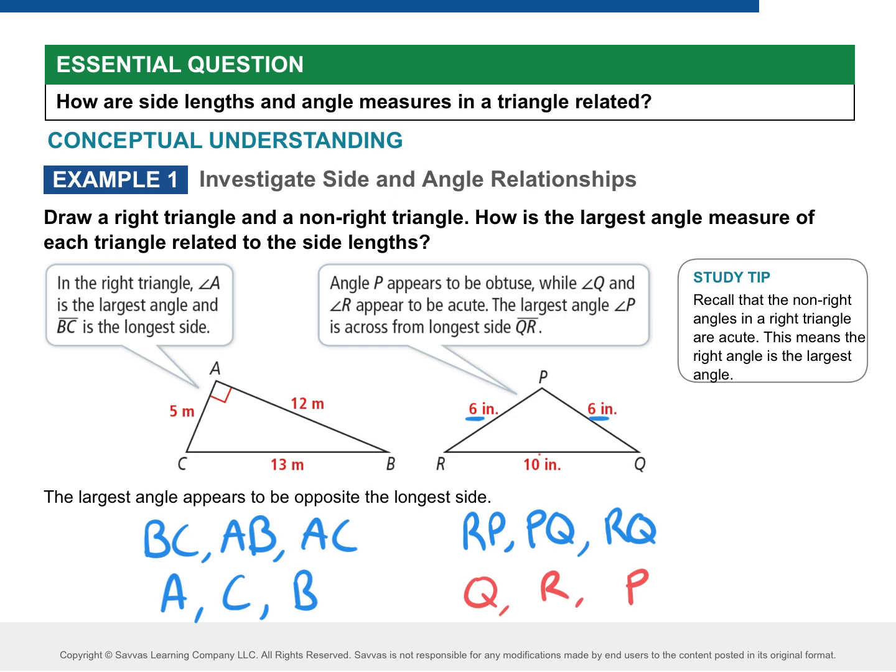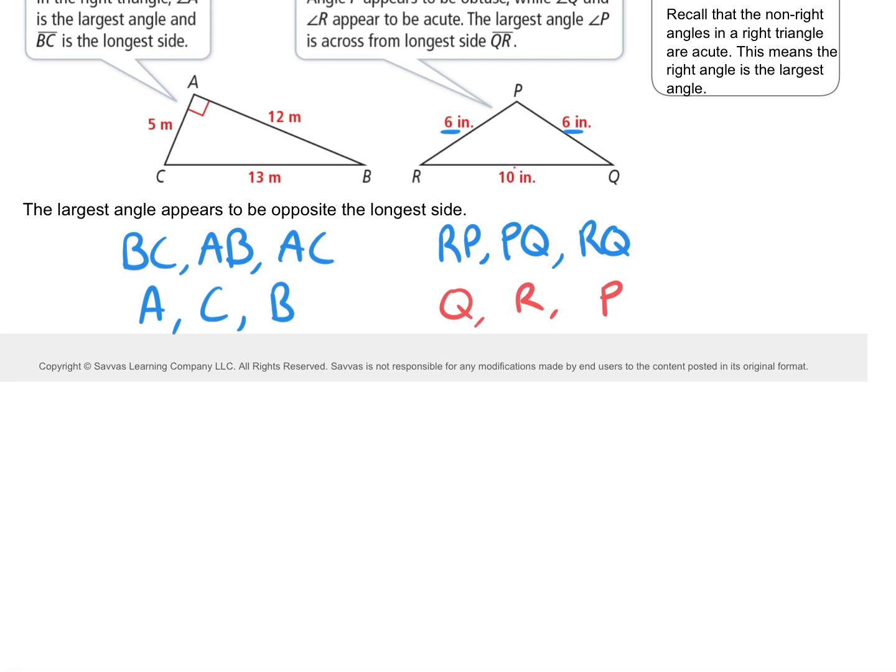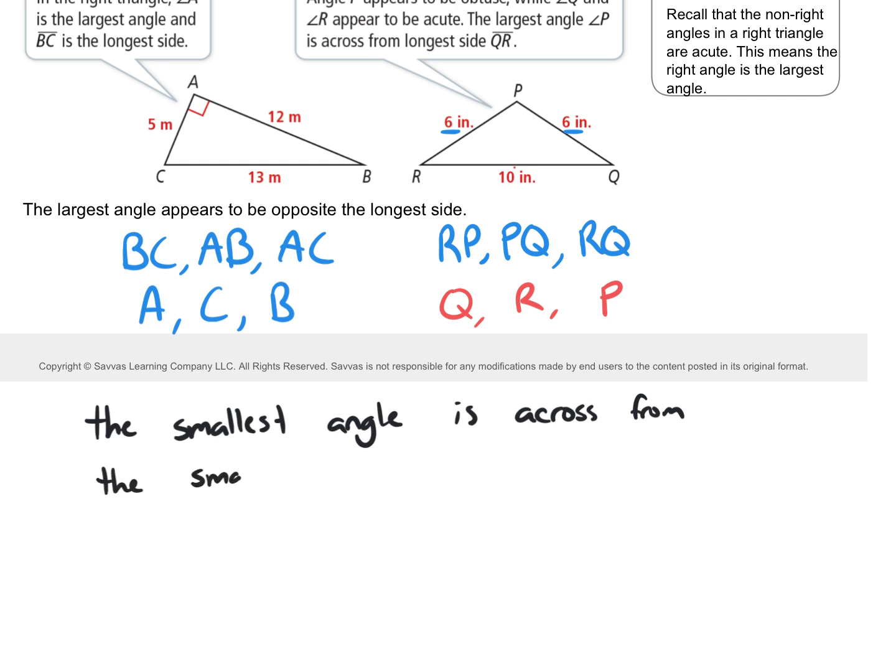Okay, so here's what I want you to write off to the side of example 1. Okay, so you can say the smallest angle is across from the smallest side. Do you agree the relationship is the same with the largest angle and the largest side?